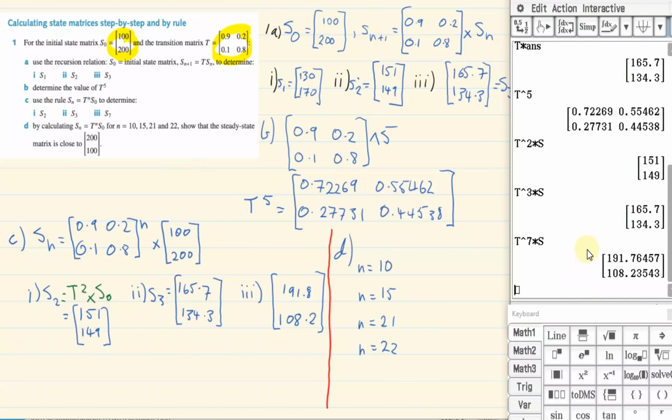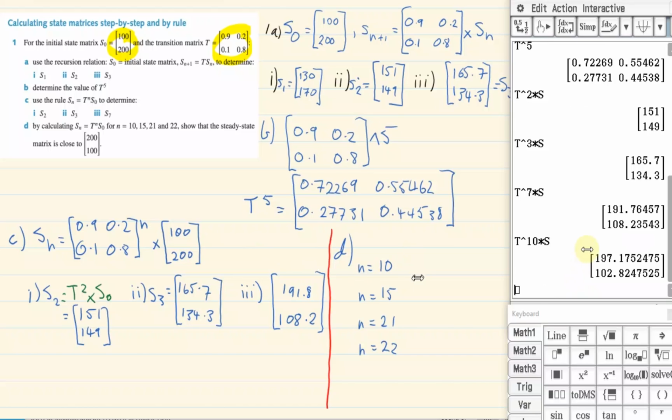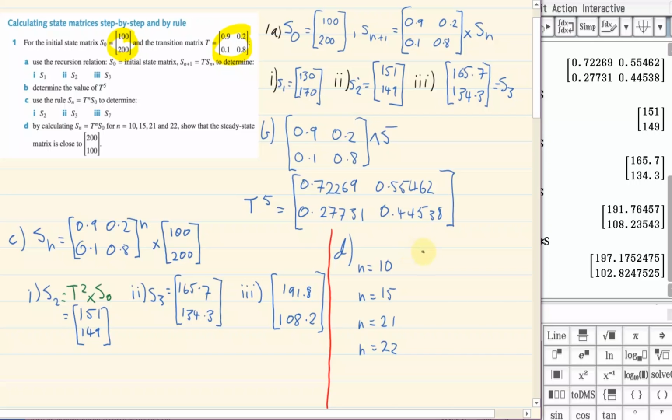You'll see what I mean. T to the power of 10 times S, rounded to the nearest whole number, is 192 and 108.